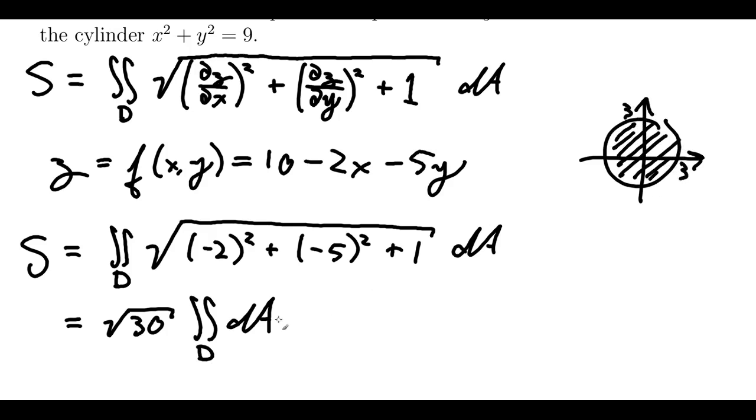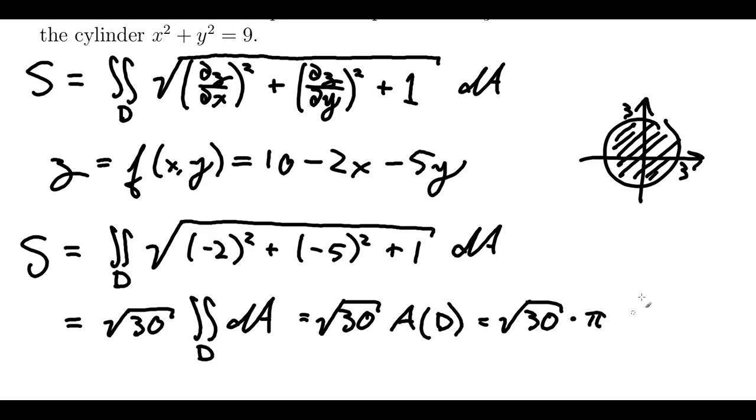The double integral of that dA is simply the area of the domain, isn't it? This domain is a circle of radius 3, that is pi times 3 squared, and it looks like we get 9 pi radical 30.